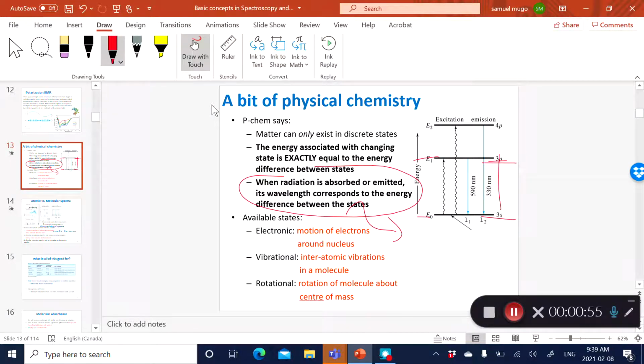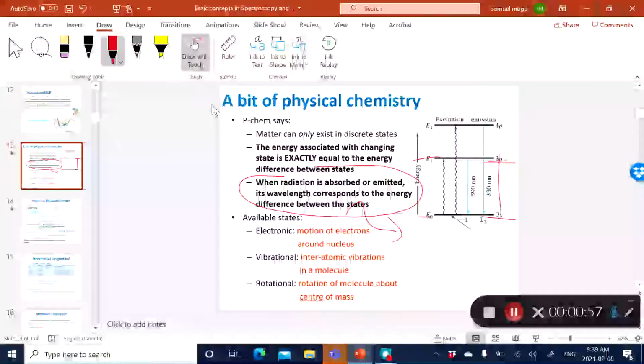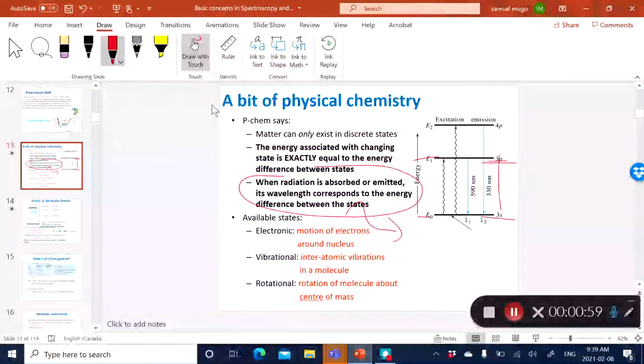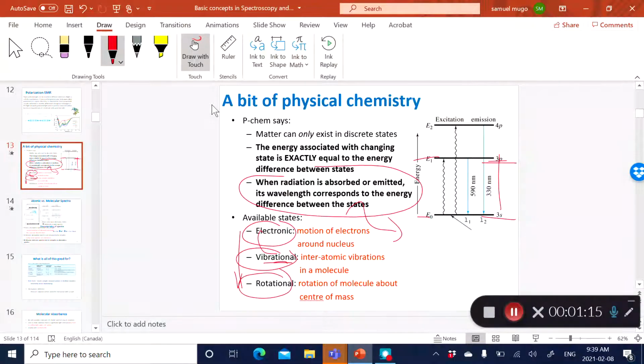is going to happen. Now, remember, every molecule has three different states. You've got the electronic states, and you've got the vibrational states that are in an electronic state. And in every vibrational state, you've got a rotational state as well.